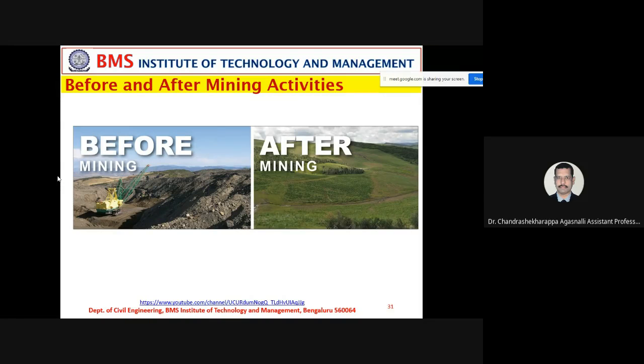And another topic is where environmental pollution is happening and how, and the best ways we can reduce the pollution, whether it is water pollution, air pollution, or noise pollution. So there are a number of ways to reduce the pollution.